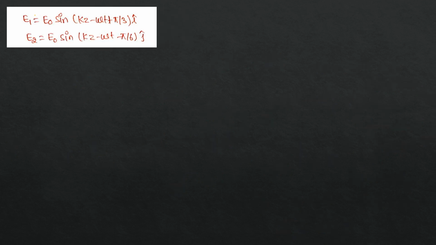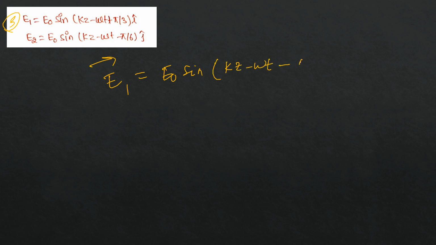Next question. Question number three. E1 is given, the first electric field: E0 sine(kz minus omega t minus pi by 3), sorry, plus pi by 3, i cap.